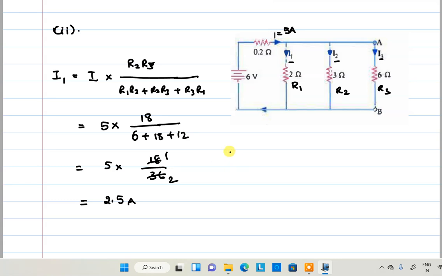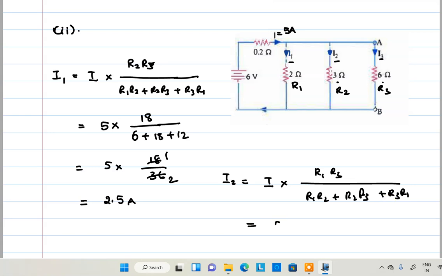Next, third, in the second branch current I2, in the similar case, total current into, what is the total current? I will give the formula for this particular problem. While you find I2, your I2 is nothing but the opposite of these two resistors, R1 R3, by R1 R2 plus R2 R3 plus R3 R1.